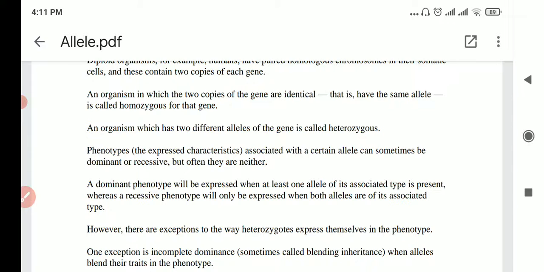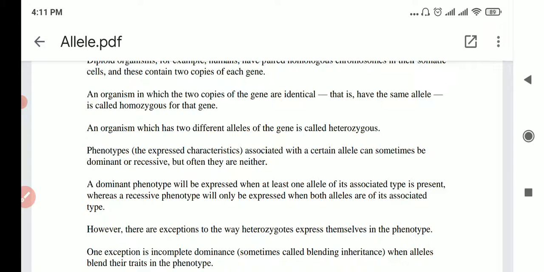When the 2 copies are identical, it's homozygous, and when they have 2 different alleles, they will be heterozygous. So if you're asked to define homozygous, you will say when the alleles in the homologous chromosomes are similar, they are homozygous, and when the alleles in the homologous chromosomes are different, they are heterozygous.